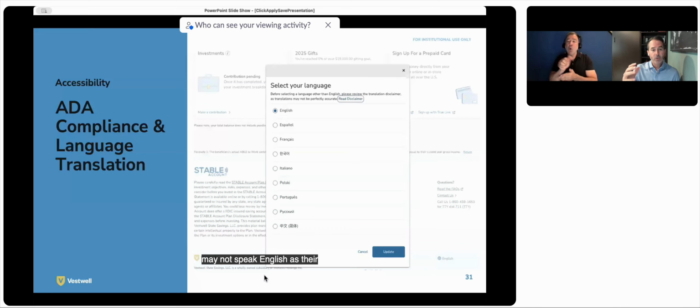So we have translated our entire enrollment flow, the dashboard, the savings portal where you manage your account, the program disclosure, the legal documents. We've translated all of those into 8 different languages, and we'll soon translate it to even more languages. And you're able to change that right there on the screen when you're enrolling or when you're managing your account. If we could go to the next slide.